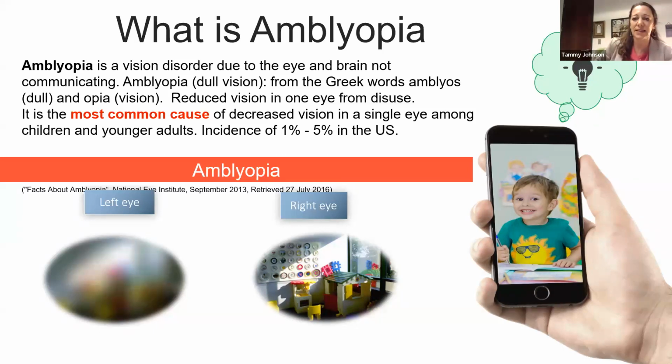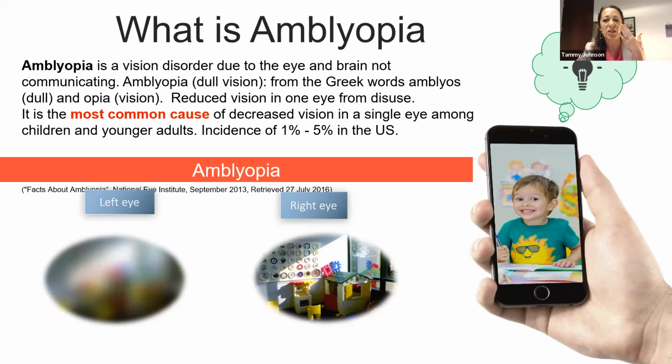Because like I said, it's not necessarily just an eye turning in and out. It's vision loss in one eye due to a lack of stimulation, basically, from the bad eye to the receiving end. It's the occipital lobe in the back part of the brain. So basically, one eye sees well, one eye sees poorly, and the child uses the good eye. Children don't see double vision as adults do.